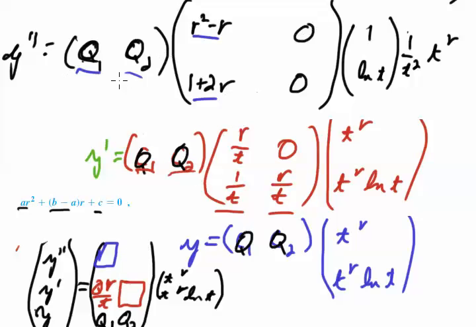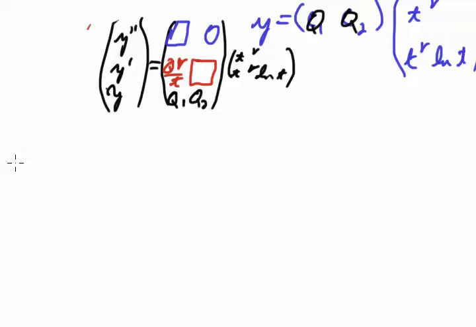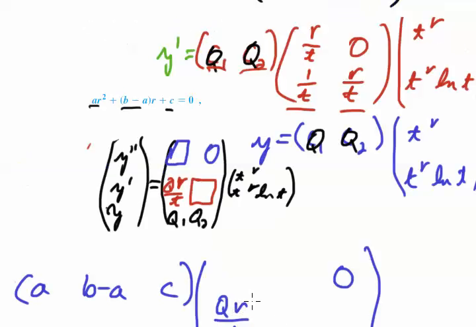And then you'd want to multiply a, b minus a, and c by both sides of this. So basically it'll be that. Whoops, I goofed. I put this on the wrong side.